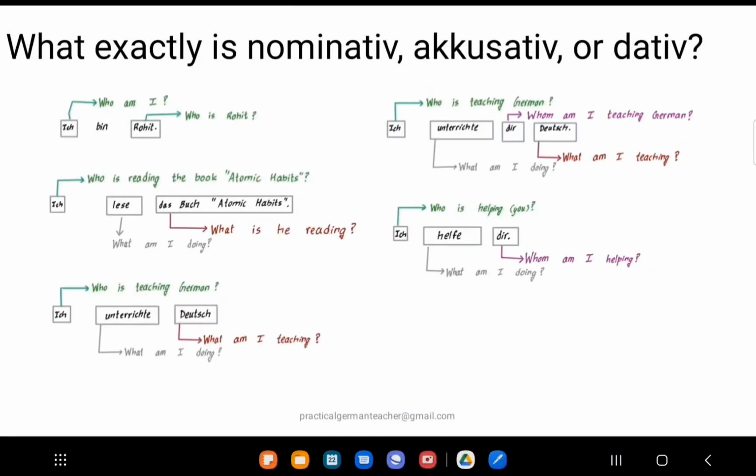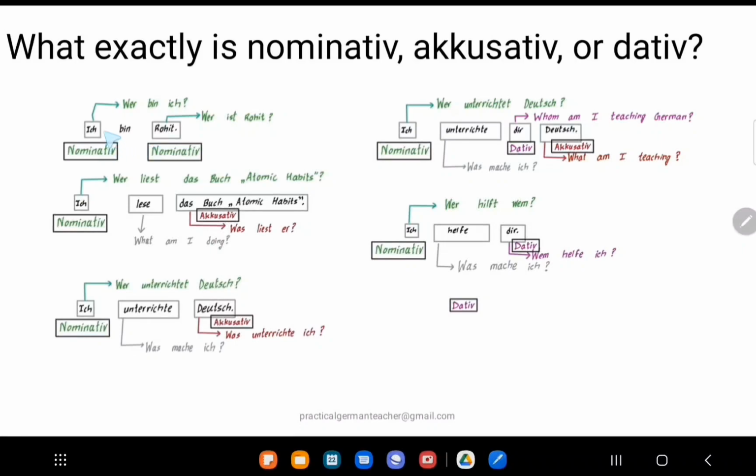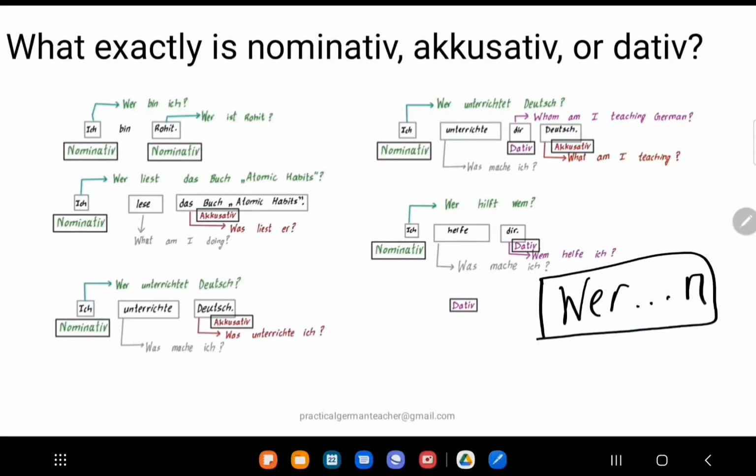Let's look at the same thing in German. So how do you say I am Rohit? You will say ich bin Rohit. So again, wer bin ich? Let me look at the next slide, it's much better over here. So ich bin Rohit. Whenever you can ask the question with wer, it is nominative.